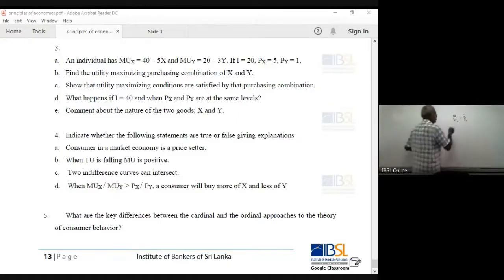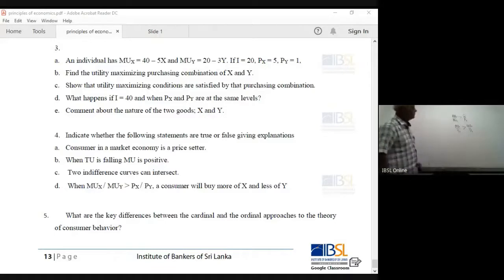When MUx or MUy is greater than Px or Py, you can't draw a conclusion as it is. You have to do a slight change to bring this Px here, MUy there. Now you can draw a conclusion.